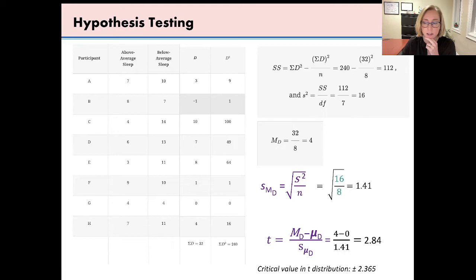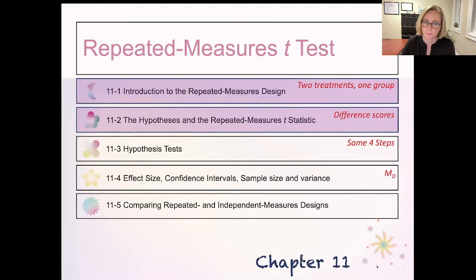So in fact, 2.84 is larger than 2.365, so we can reject the null hypothesis, and we can say, oh, your sleep does have an effect, right? How much sleep you get has an effect on academic performance. I'll show the write-up of that on the next slide actually. I'll show how you would write that up.